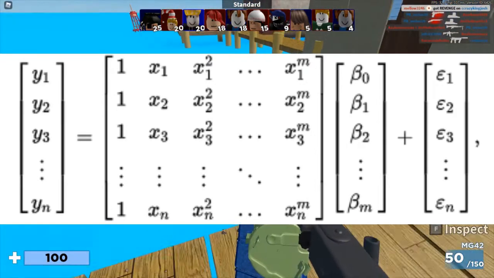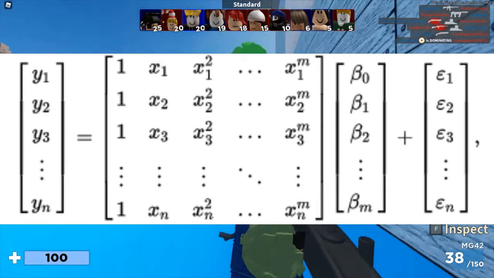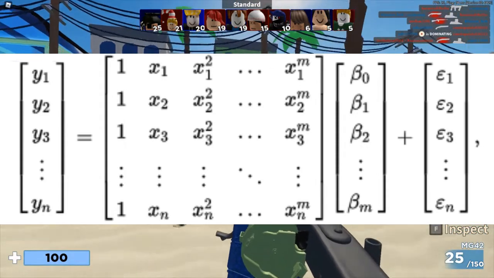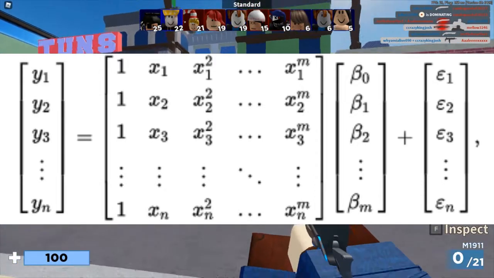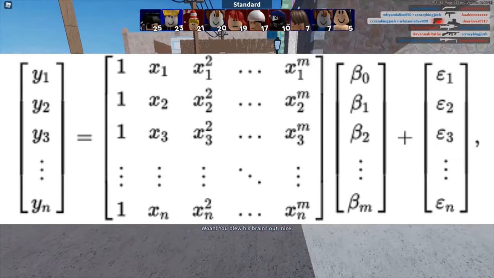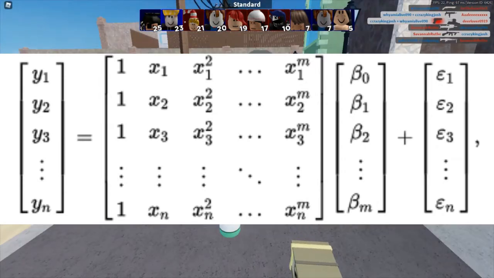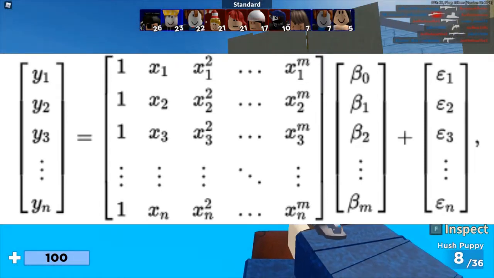It continues on, and you see there's y2 for the next part: 1, x2 instead of x1, x2 squared, continuing on to x2 to the power of m. It ends up with yn, 1, xn, xn squared, up to xn to the power of m.